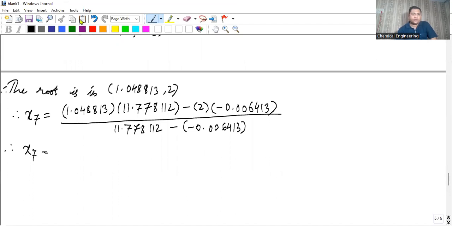So x7 is equal to, so 1.04 is matched. Now we have to think about one more digit, that's it. What is the value you are getting here?